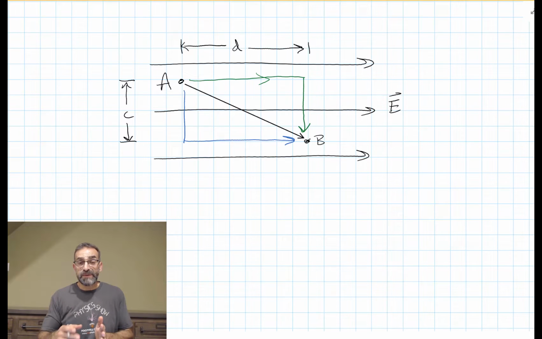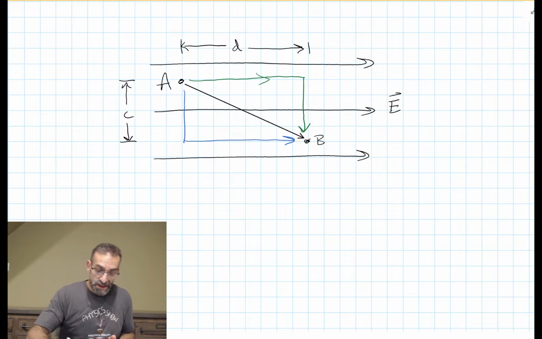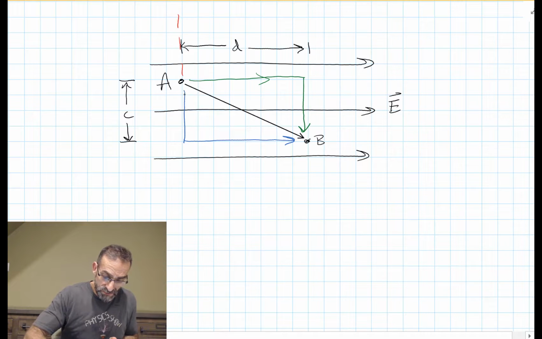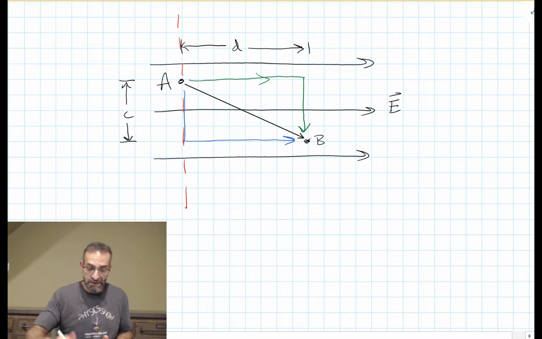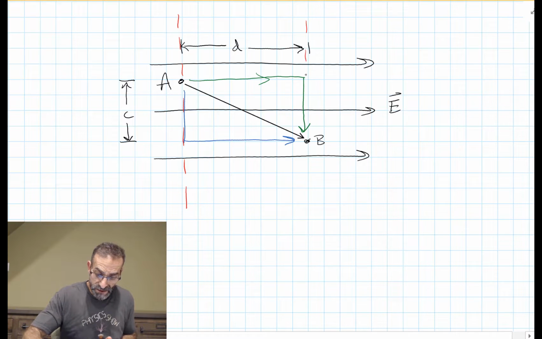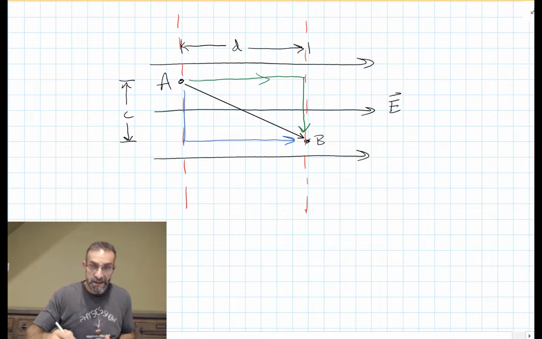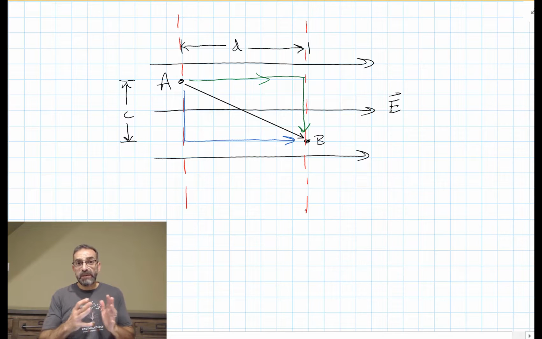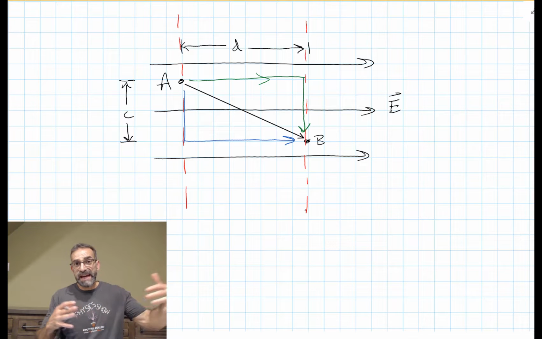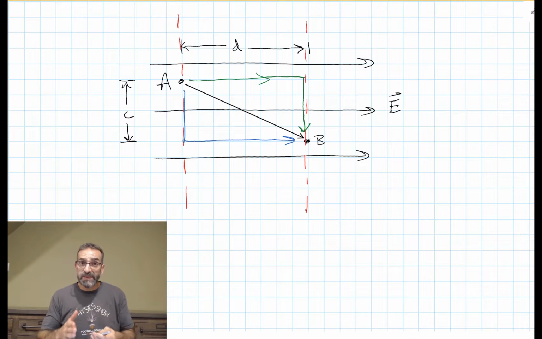We can also see that if we move perpendicular to an electric field line, the electric potential can't change. So I'm going to sketch in here some lines that are perpendicular to the electric field lines. And we call those equipotential surfaces. The potential is the same everywhere on that surface because we're moving perpendicular to the electric field.